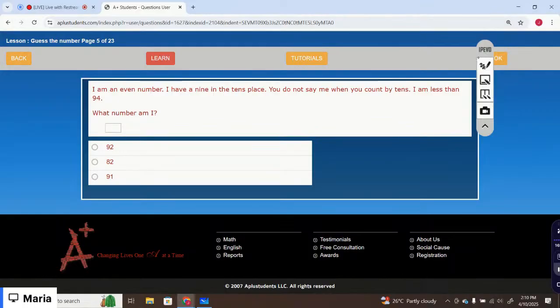I have a 9 at the tens place, so that means 92 and 91, right? You have to skip 90. I'm less than 94. Even number it is. So that would be 92.